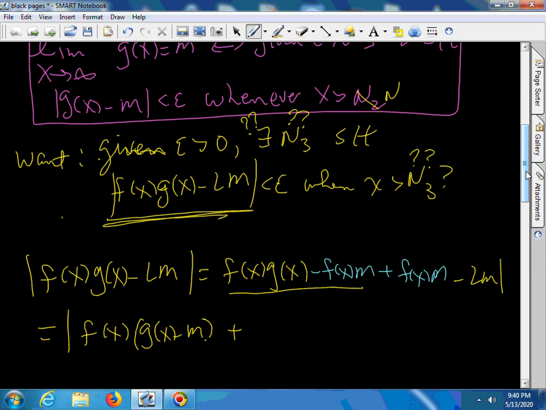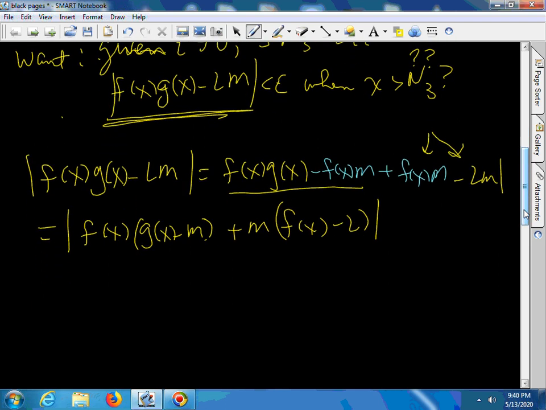And then plus, surprise, this plus. When I factor out the M from here, I get f(x) minus L. Now, since there's a sum here, this is less than or equal to the absolute value of this plus the absolute value of that.